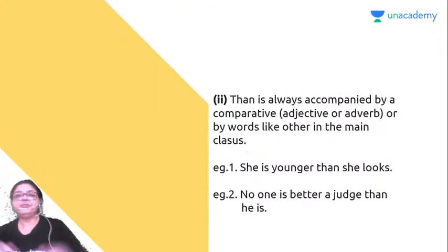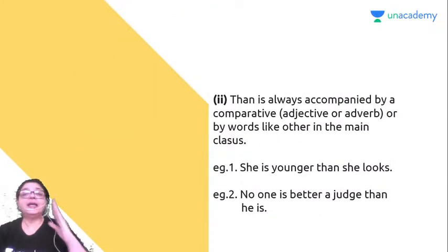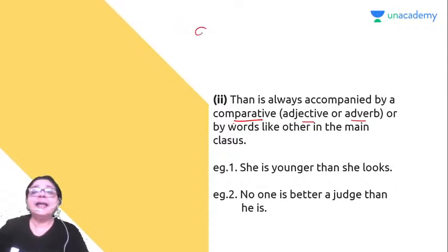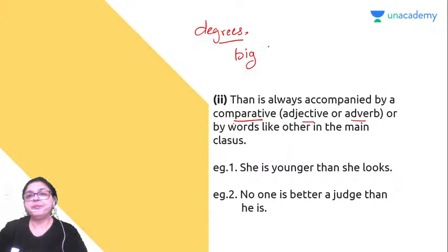Okay, now the word than is always accompanied by a comparative adjective or adverb. Now, when I say comparative, let me put in some word which will explain what is comparative. Yes, I am definitely going to do degrees of comparison soon. And what is a comparative? Comparative is going to be big, bigger, biggest.